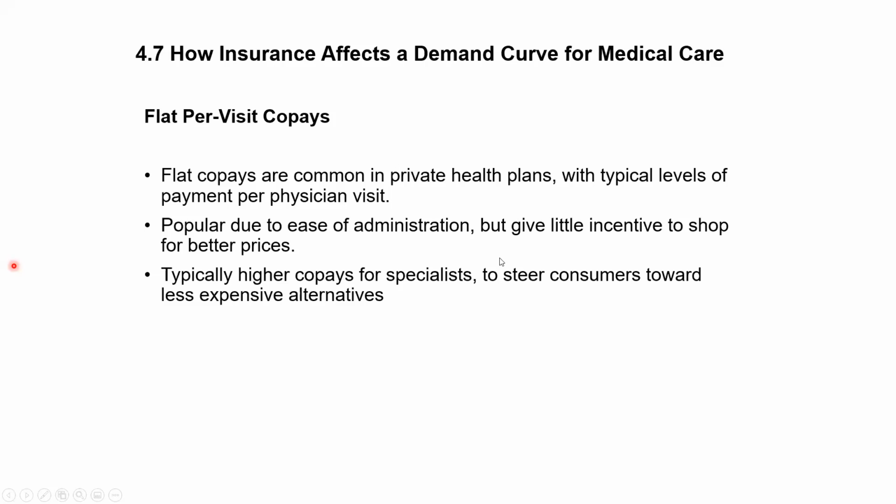So health insurance, the reason why health insurance makes the health market unique is that health insurance is usually structured in such a way that it reduces the price consumers will pay at the time they purchase medical care. So the net effect of health insurance is that it lowers the effective prices of medical services.